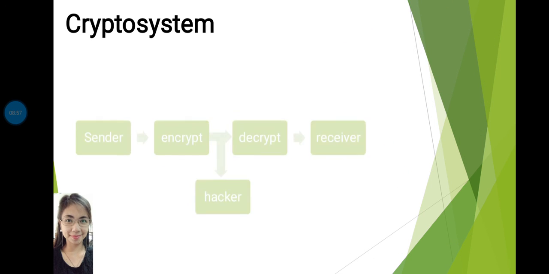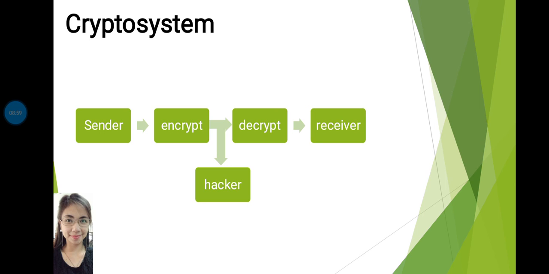So crypto system, as we all know, when sending messages, it's not really the message that we have typed that the receiver can receive. It's actually the codes, because computers only accept binary codes, 2 numbers, 0 and 1. So from the sender, it is encrypted as the process, and then it will be decrypted by the computer, then it will be received by the receiver.